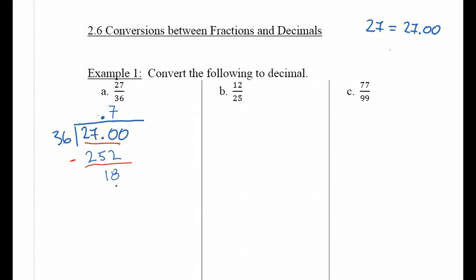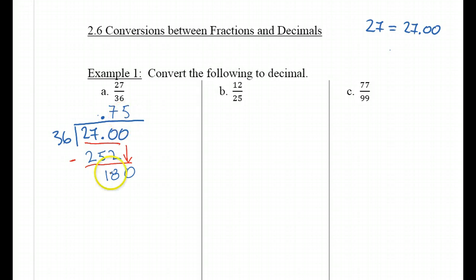Well, 36 is bigger than 18, so we would have a remainder here, but we can use the other 0, and we're going to drop it down here to help us out. And now, how many times does 36 go into 180? In fact, 36 goes into 180 5 times with no remainder.